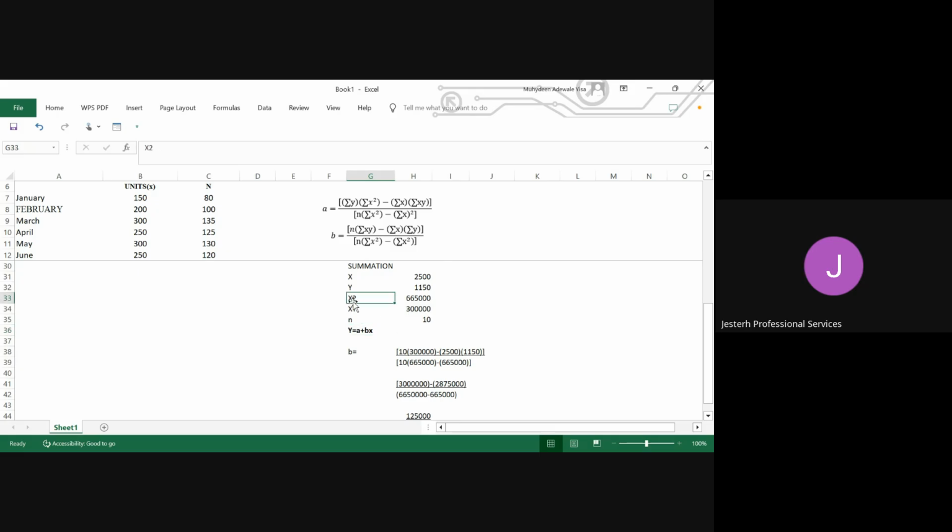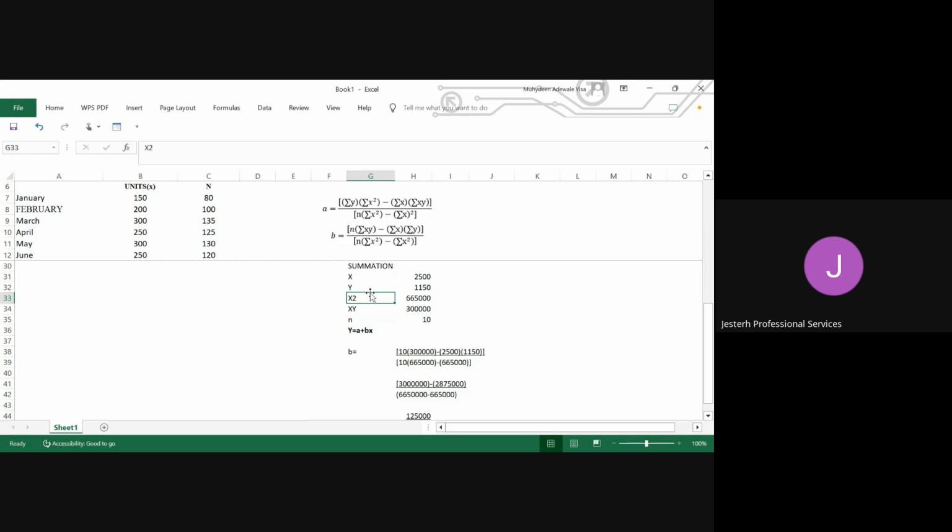Summation of x squared, 2,500. Summation of XY. Please, if you are calculating it for me, let me know. I'm having a little calculation error here.